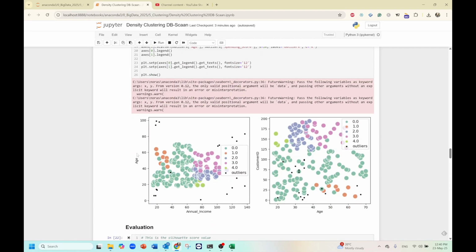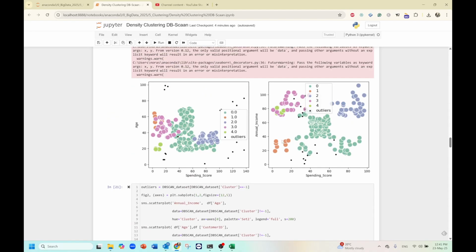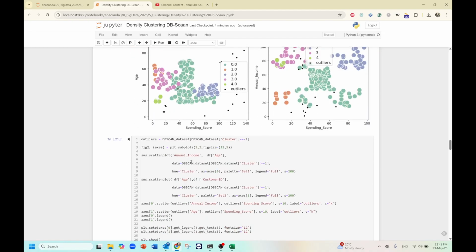When we look at the age and the annual income, we'll find out that these orange guys are older people with a low annual income. Most of the time when you get older, your income starts getting higher. But these guys are high age, low annual income, and low spending.